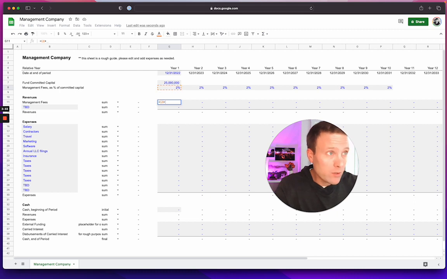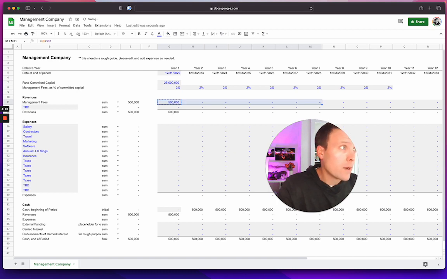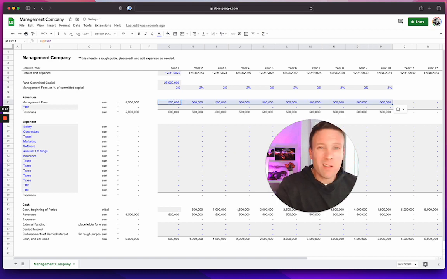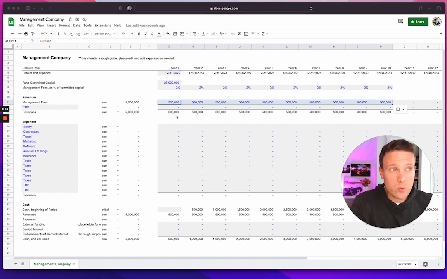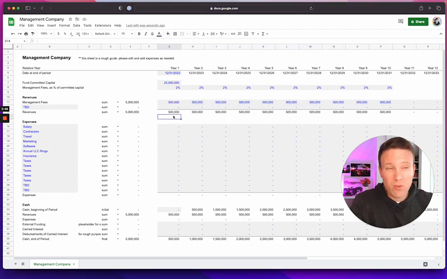So I'm just going to do this. And now you usually get something like this. Now, you could extend the fund to multiple years beyond that. Typically, you don't have fees for extra years unless the limited partnership agreement specifies that. So typically you have revenues like this, which is just the management fees, which is usually pretty consistent throughout the lifetime of the fund's operations.